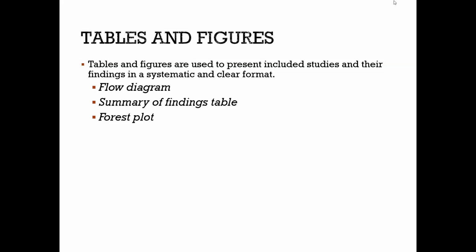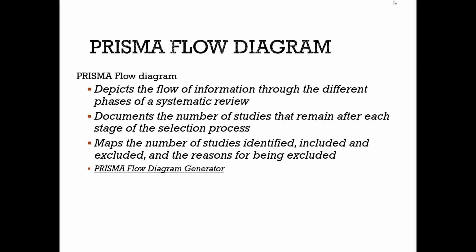Next, tables and figures, flow diagrams. You have to make flow diagrams like PRISMA charts. Next, the summary of findings table and the forest plots. I will explain each one by one. The PRISMA flow diagram depicts the flow of information: how you went from the research question, literature search, inclusion and exclusion.